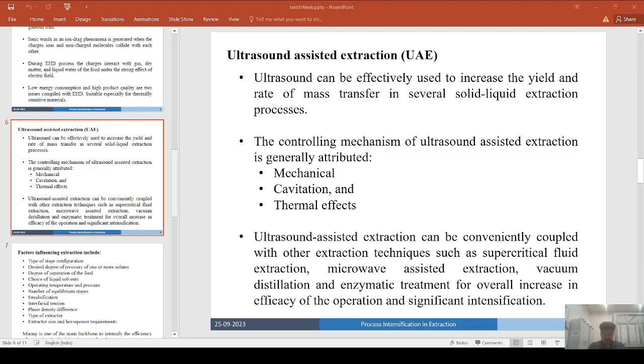Cavitation is commonly described as the formation, growth, and collapse of gas or vapor filled bubbles in a liquid.